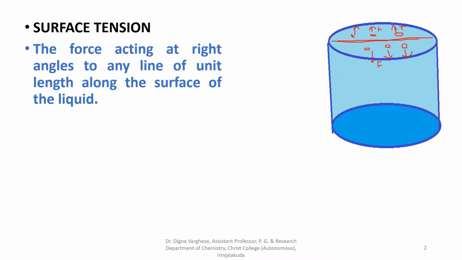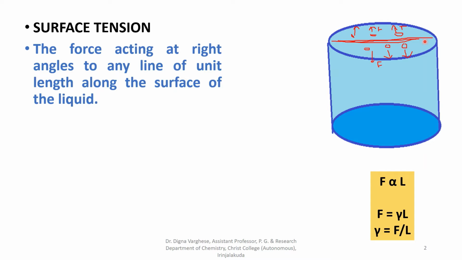This pull or tension of a liquid is known as surface tension. Remember, surface tension is not a force, but it is a property of a liquid. Now we can say that force is proportional to length.